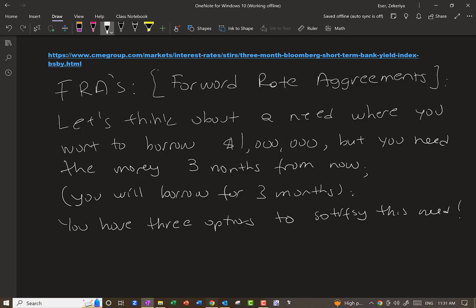Option one, borrow now for 6 months, deposit the proceeds from that loan into your bank for the next 3 months.